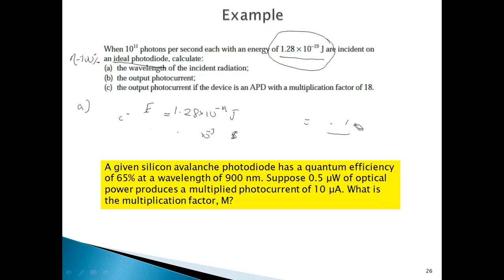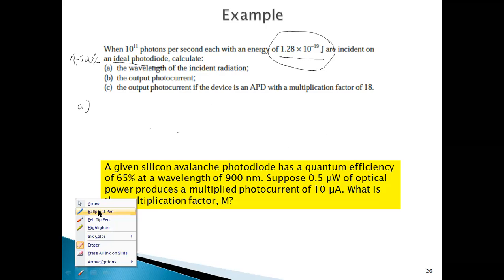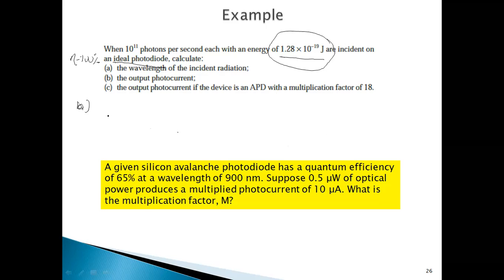Let me erase this answer first. Part B of the questions is to calculate the output photocurrent.